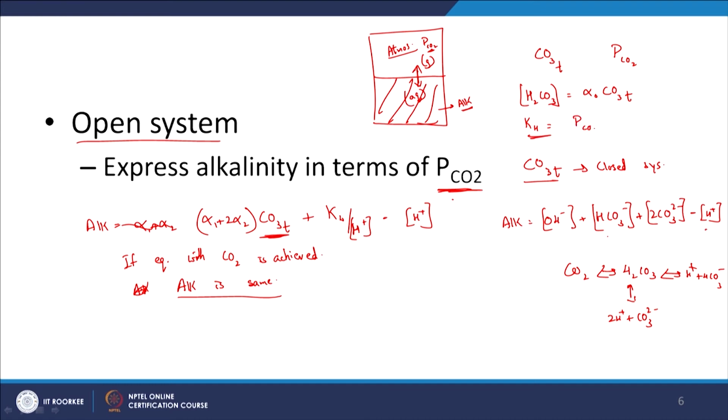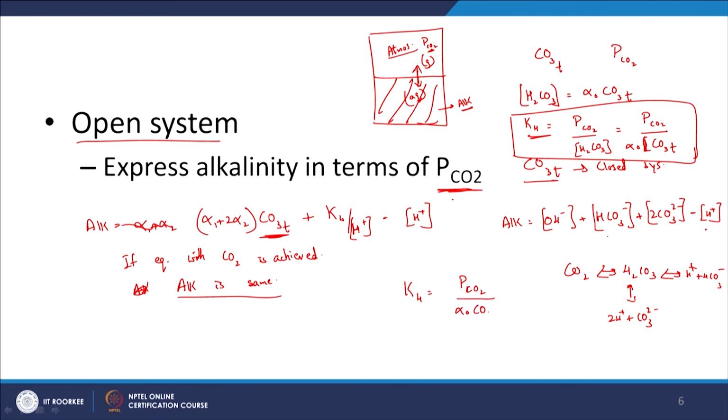Partial pressure of CO2 by concentration of H2CO3 in the aqueous phase. So that is going to be equal to partial pressure of CO2 by alpha naught into CO3 total. This is something I believe we looked at previously. So Kh is going to be equal to PCO2 by alpha naught into CO3 total, right.